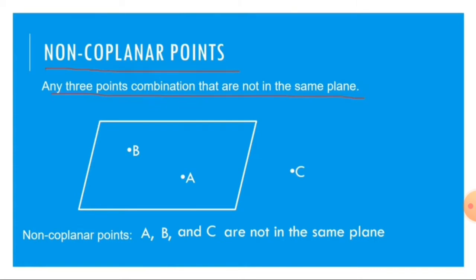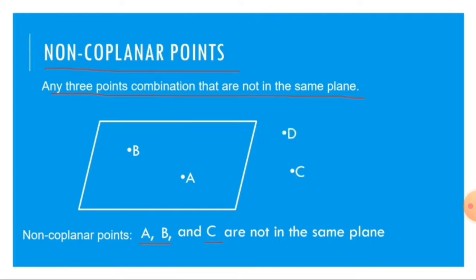So point A, point B, and point C are non-coplanar because point A and B are in the same plane, pero si point C ay nasa labas na niya, so hindi na siya kasama ni A and B sa isang plane, so we'll not consider that as coplanar, kundi non-coplanar points.